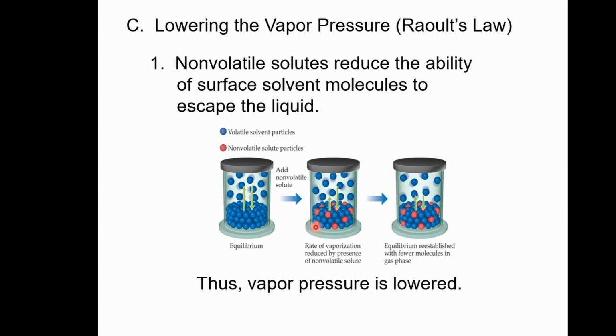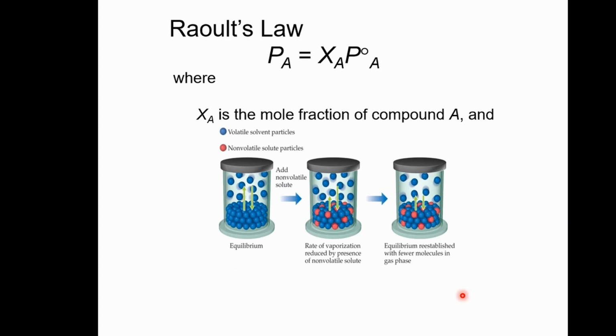So that slows down the rate of evaporation, and that affects this equilibrium. And now we say vapor pressure is lower, and our definition of boiling is when vapor pressure equals atmospheric. So you can see here, if you got something like this going on, you got to heat it up a little hotter.